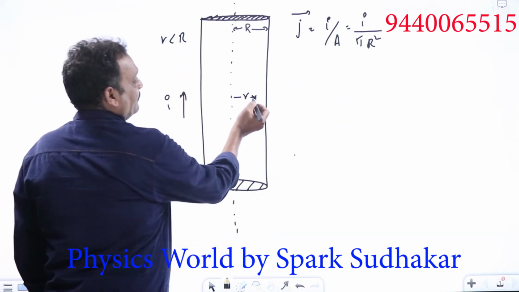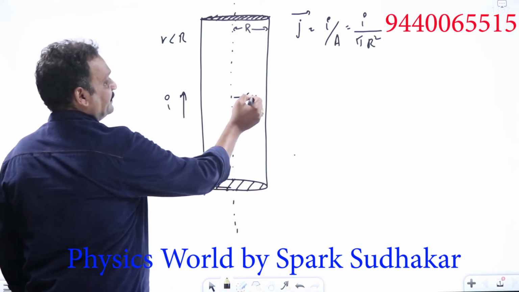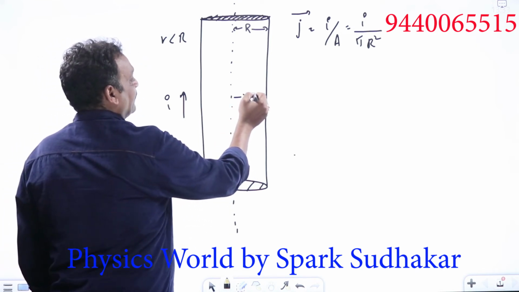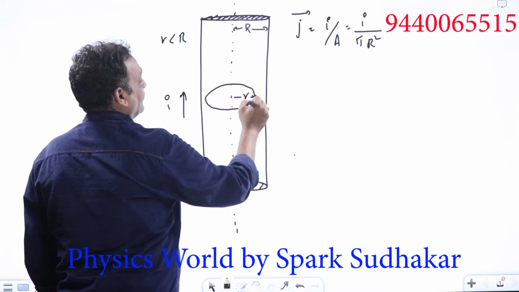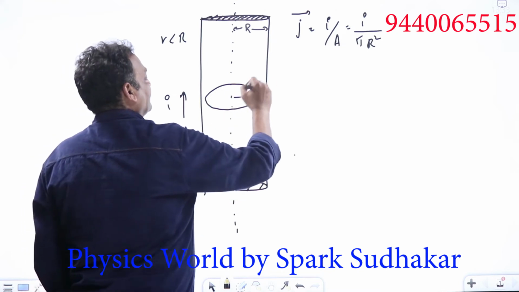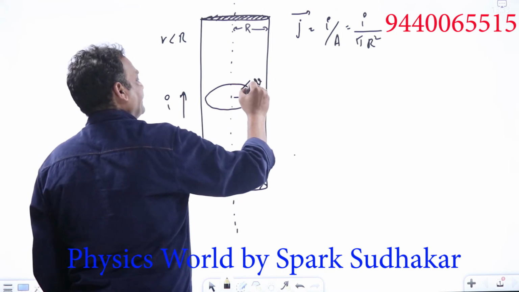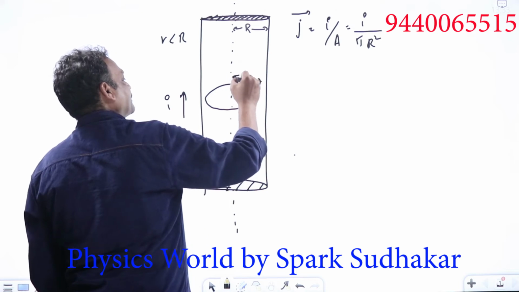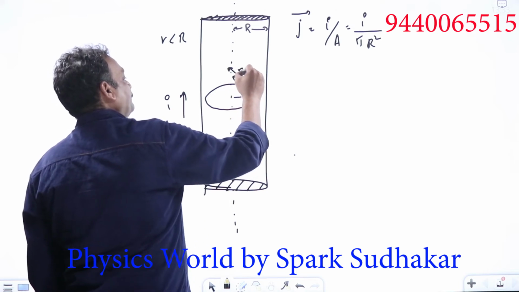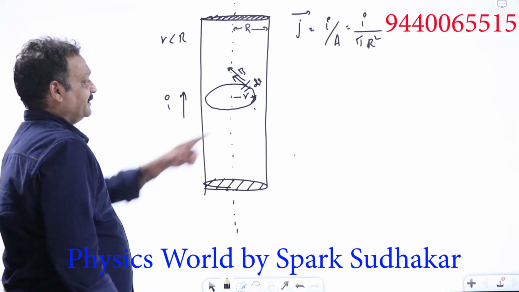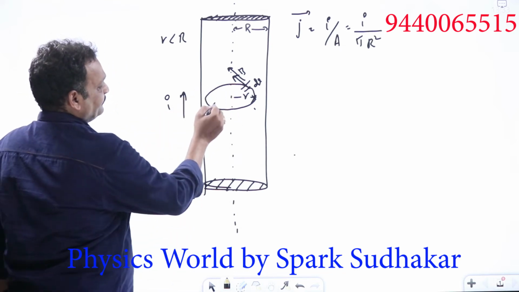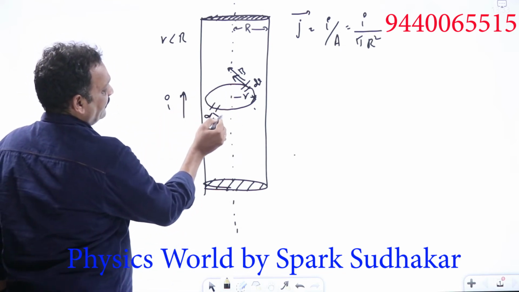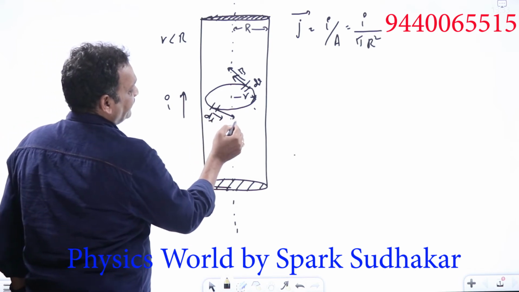Now, what is the magnetic field at this point, small r, which is inside the wire? Here also, I'll consider a circular Ampere path like this. And again, I'll consider a small element of length dl. The dl is assumed to be in the direction of B only. So both B bar and dl bar are in the same direction everywhere on this path. Here also, dl bar is like this, B is also tangential.